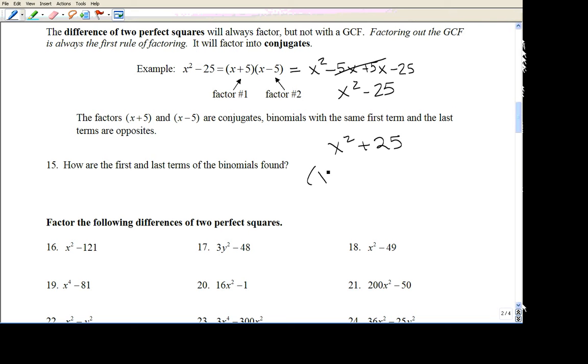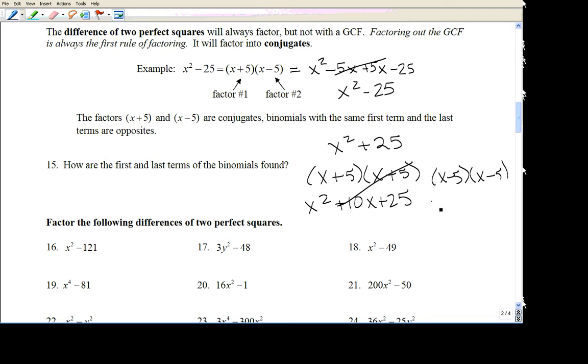Well, if we tried x plus 5 times x plus 5, we would get x squared plus 10x plus 25, and that's not the same thing. So that doesn't work. And if we do x minus 5 times x minus 5, you get x squared minus 10x plus 25, and that doesn't work either.